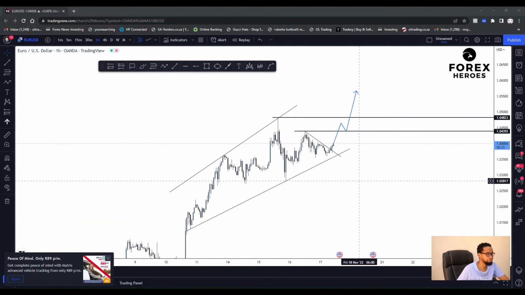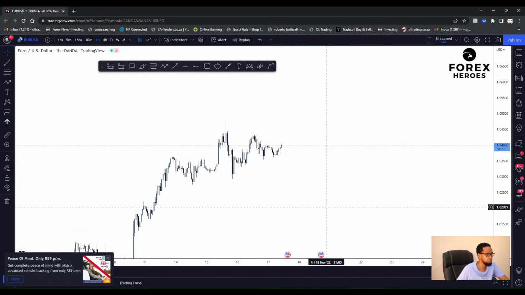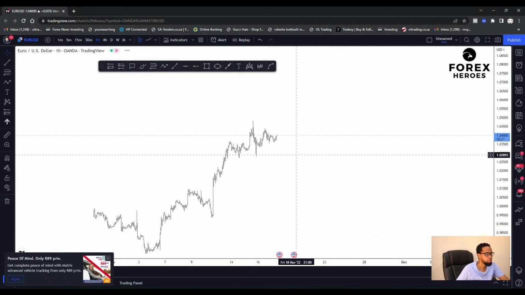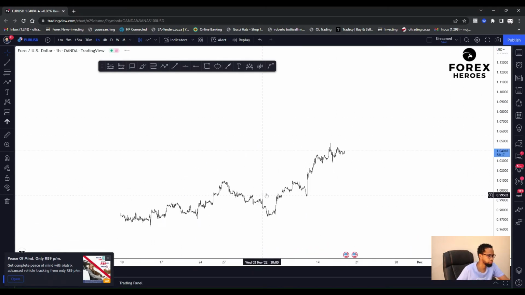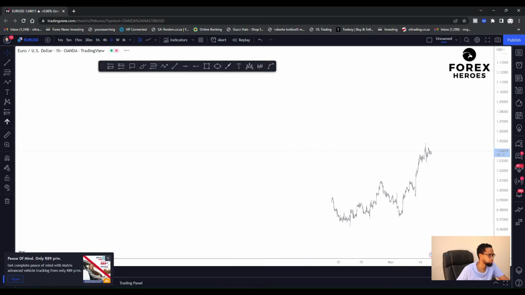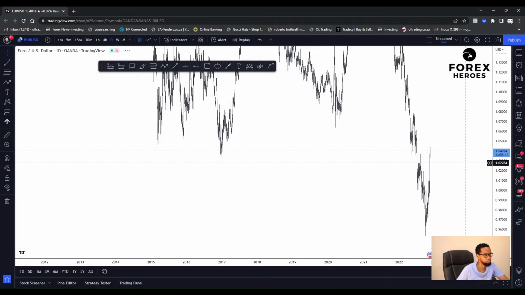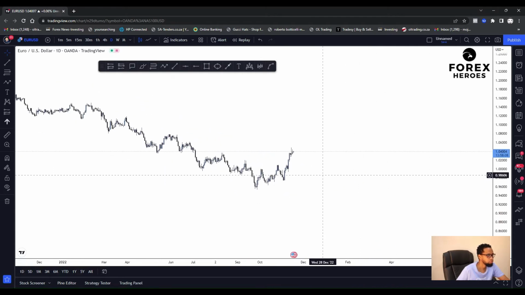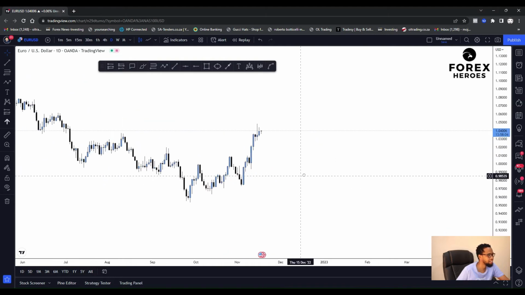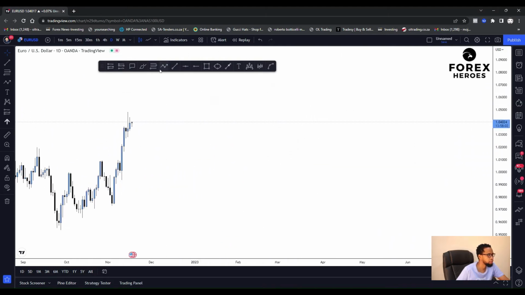let's look at what I said we're going to be looking at. Okay, guys, we have to look at what is currently happening here. Trading using the fib level on the daily chart. This is going to be quick.